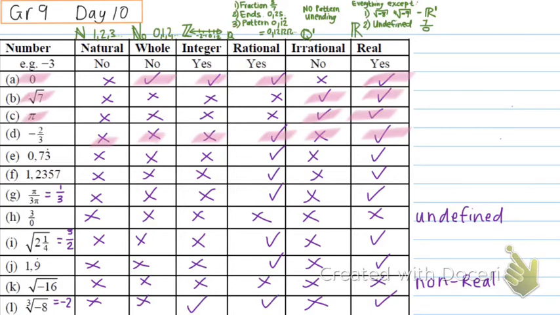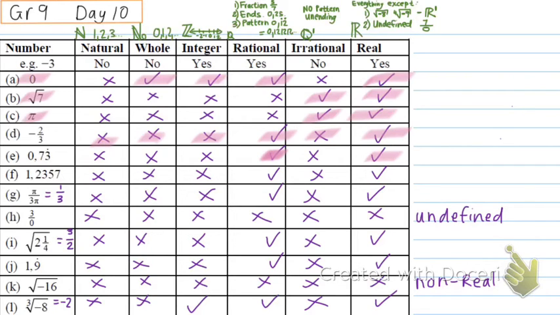Then 0,73 with the dot on the 3, that is 0,733333 because the 3 is repetitive. That forms a pattern. It is not in the first three groups, but it is rational and real.